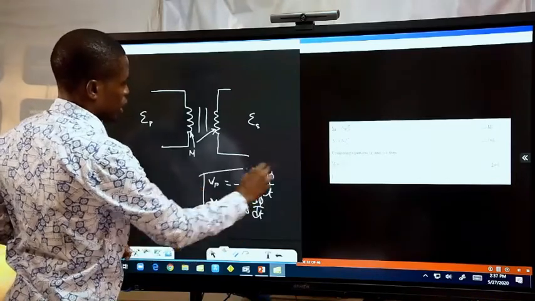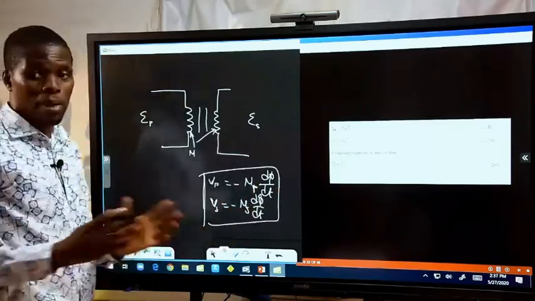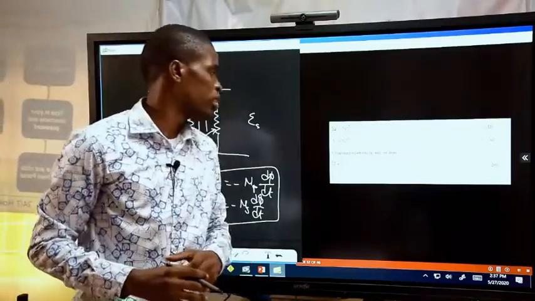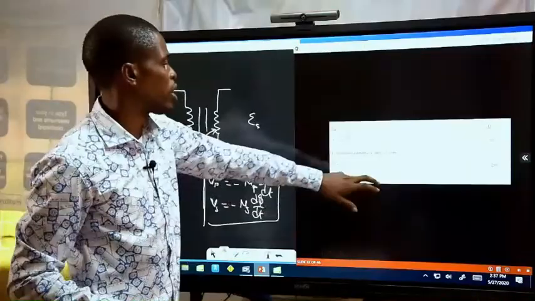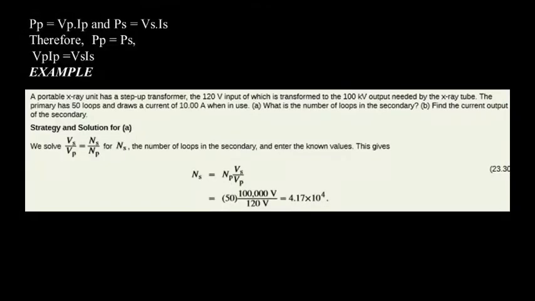These are the equations at the primary and the secondary of the transformer, and that is known as the transformer equation.